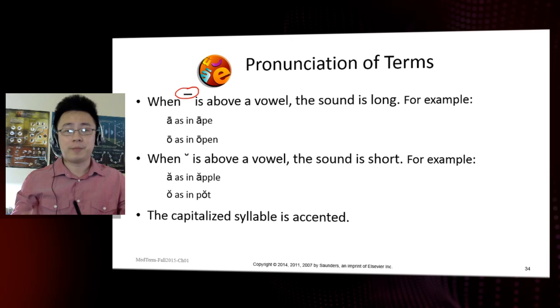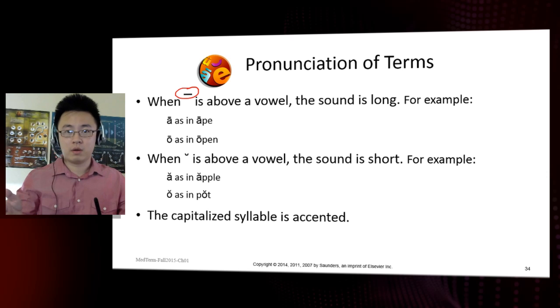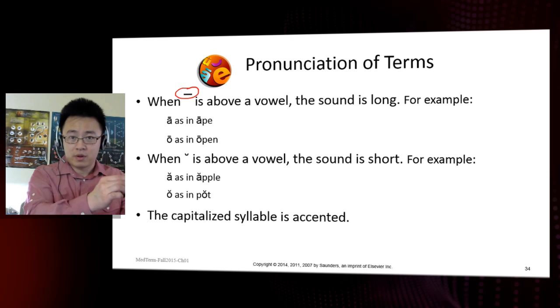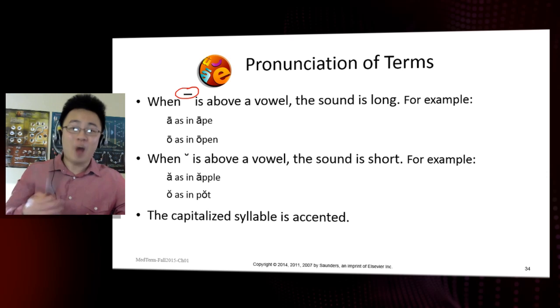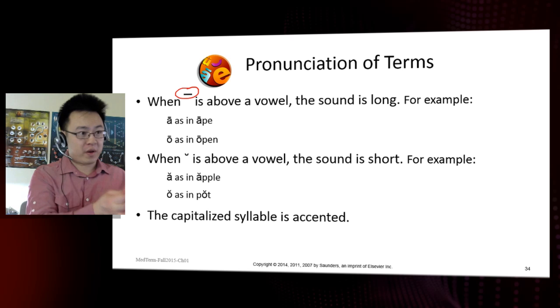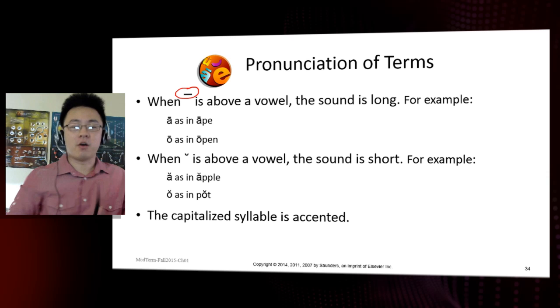For example, the first word here is ape. Repeat after me. If you see that line above the A, it's ape. Got it? Same thing with open. Open. All right, you got that.